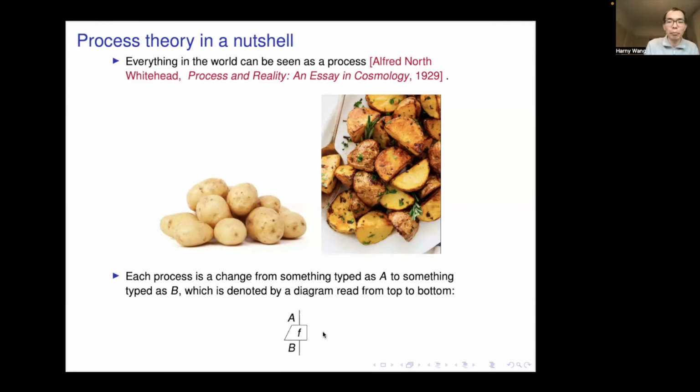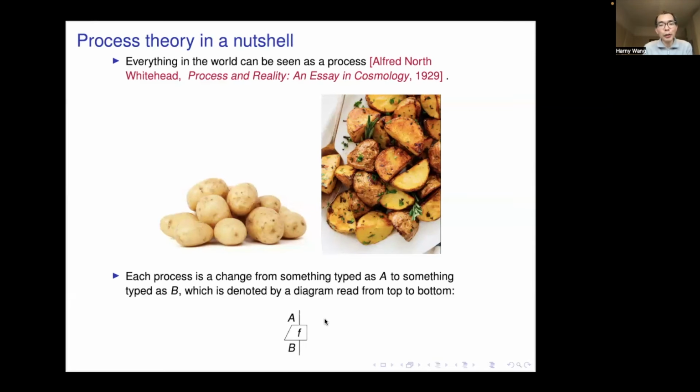Some people read from bottom to top, but now we just read from top to bottom. So the general process we just draw as a box F, and it changes from a type A to a type B. The A and B could be the same, but in general it's just A and B. That's the denotation of a general process.